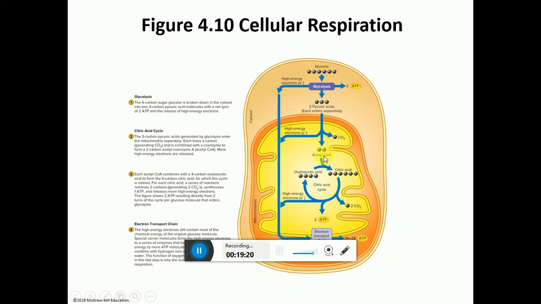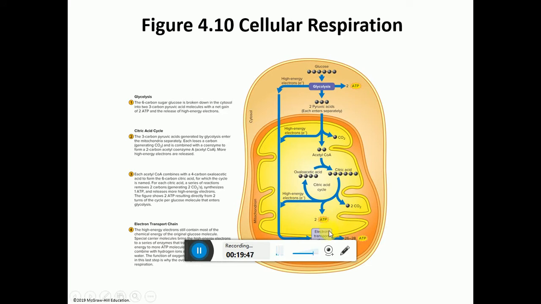Acetyl-CoA is then going to bind with oxaloacetic acid, and both of them together make citric acid, and that will start your citric acid cycle. As you see here, the cycle all occurs in the mitochondria. We are also only making 2 ATP molecules, so you see there's not many molecules being made.